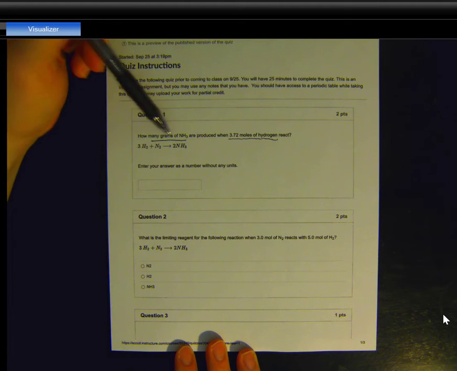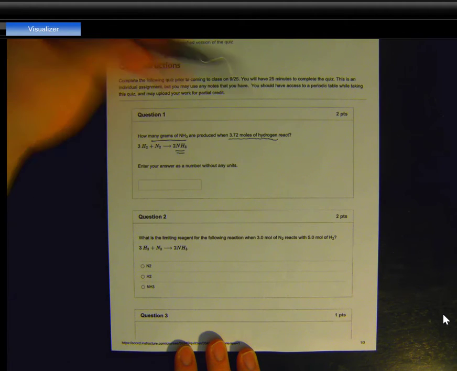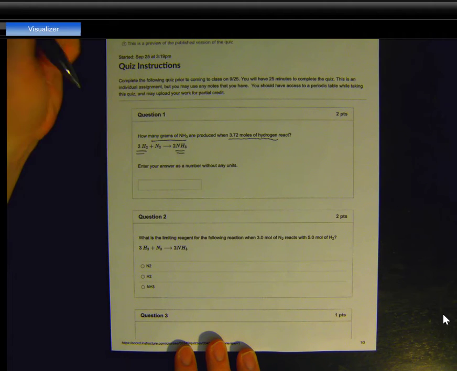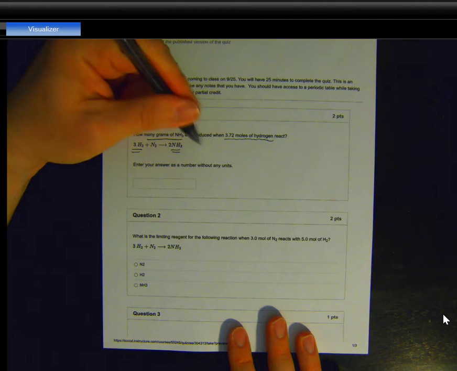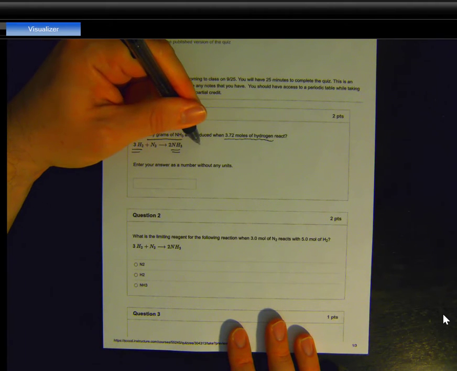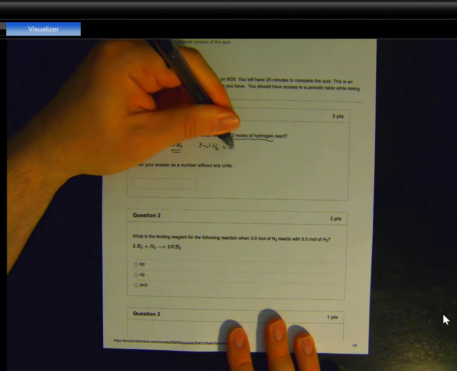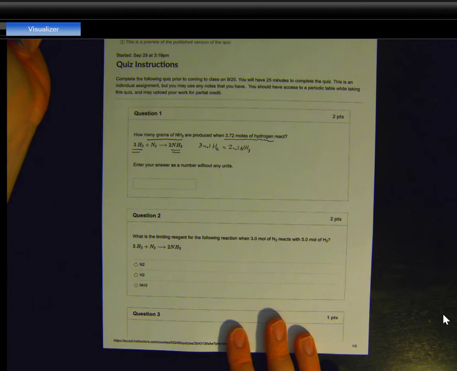We care about NH3, so I'm going to underline that, and we care about hydrogen, so I'm going to underline that. So those two things will matter from the balanced equation. I'm going to go ahead and write that equality as being important. So 3 moles of H2 equals 2 moles of NH3. That equality will be important for solving this problem.